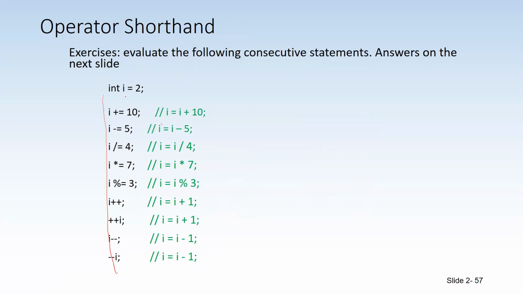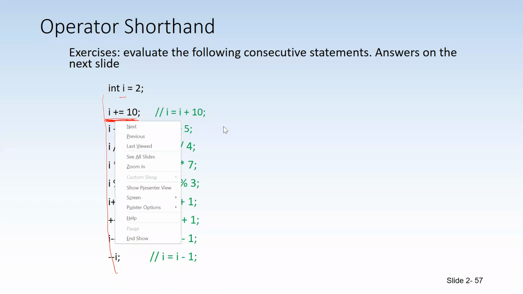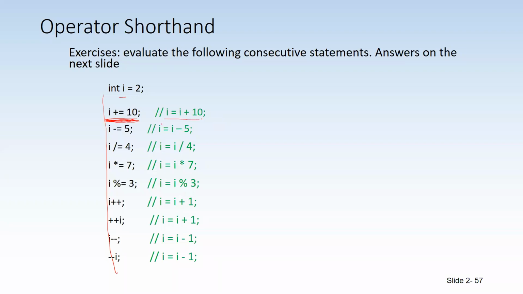I is equal to 2, so what is I now? 12, right? This is equivalent to this, so it will be 12. I is 12 now. I minus equal to 5. What is I?